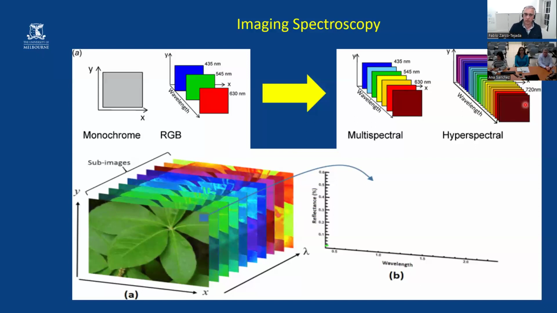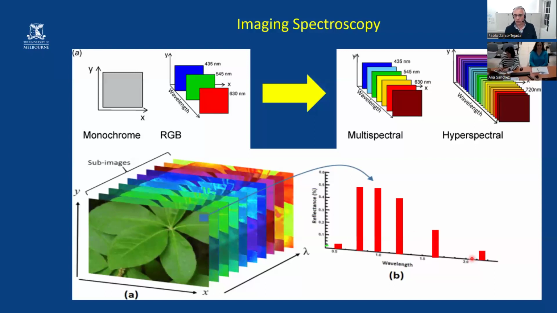If we click on a hyperspectral image like this one, and instead of hyperspectral what we get is multispectral, then that is what we will get: a number of spectral bands in specific regions. This is what we normally get with satellite sensors, where we collect a number of spectral bands which are discrete and at specific wavelengths.